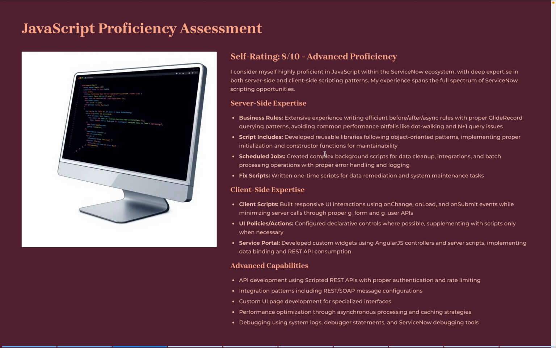As in skill interview 1, a similar question was asked about JavaScript programming: how do you rate yourself? But I was not asked to write any code or submit anything on their platform.